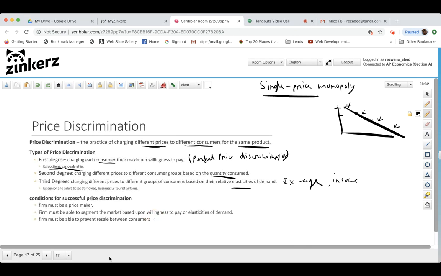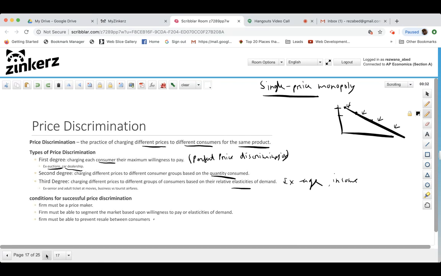Somebody paying a low price must not be able to resell. For airline tickets, for example, you have to prevent a person who paid a low price from reselling their ticket to another person who would pay a higher price. Okay, so these are the conditions for successful price discrimination to work.